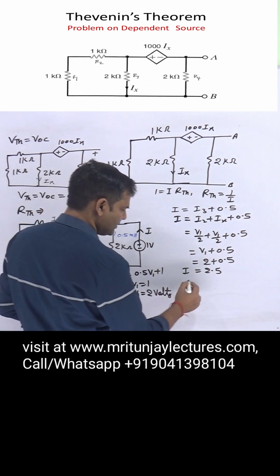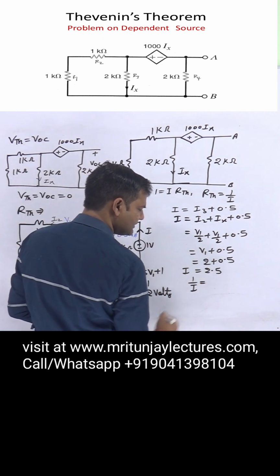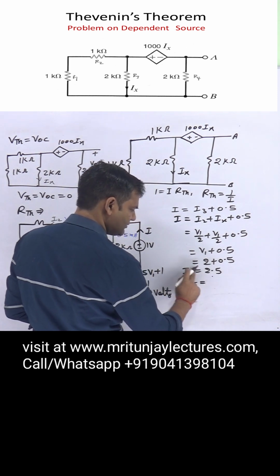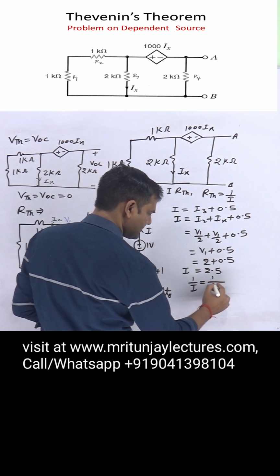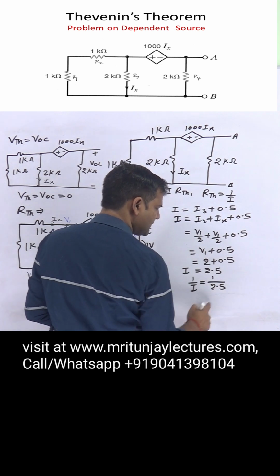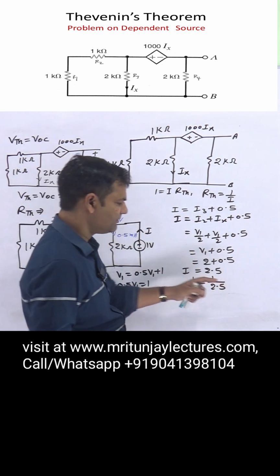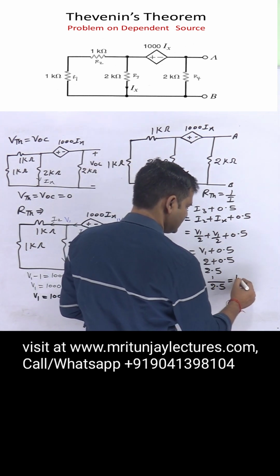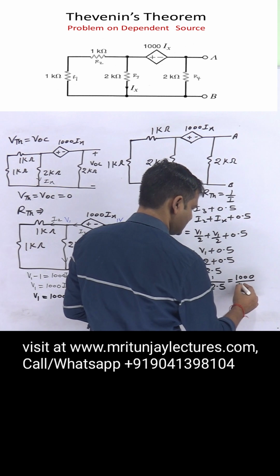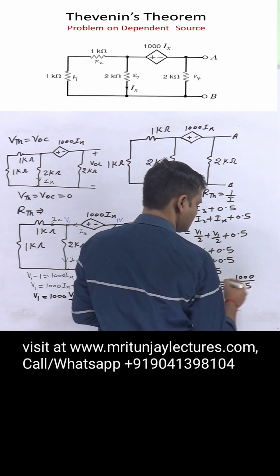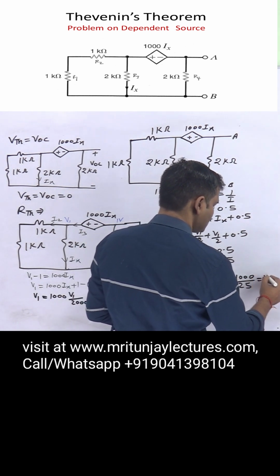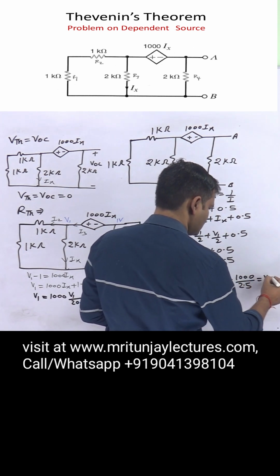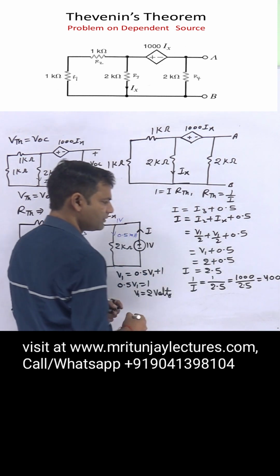So 1 by I is equal to 1 divided by 2.5. This is in milliampere, so converted, that is 1000 divided by 2.5, so that is 400 ohm.